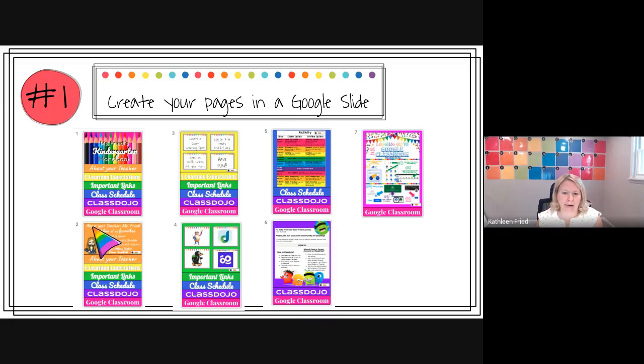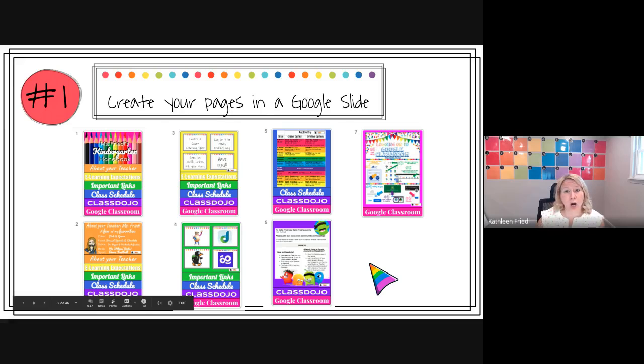Then I added all of my text and Bitmoji picture. Then I went to number 3, deleted this pink one and the orange one, made it all yellow, and added all of my things. It was super easy to make it this way, but you can design it however you want. This was a really fun way for me to do it.